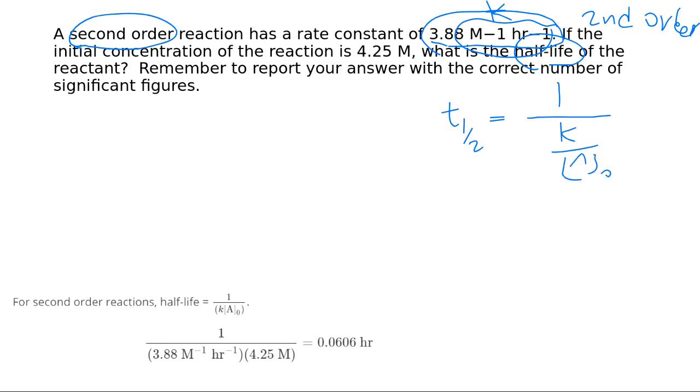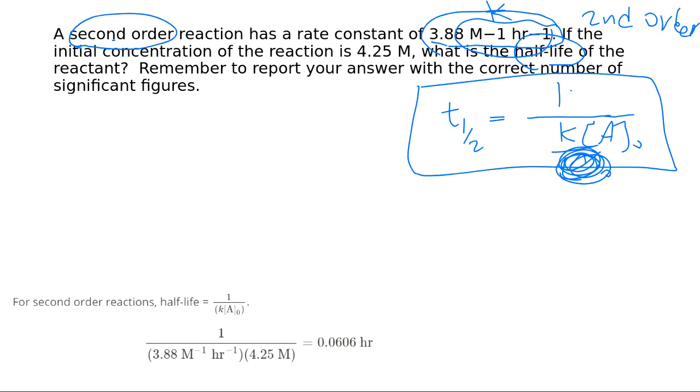So if you know it's second order, and that's the formula for half-life for second order, then you read the questions to see what is given to you and what is being asked.